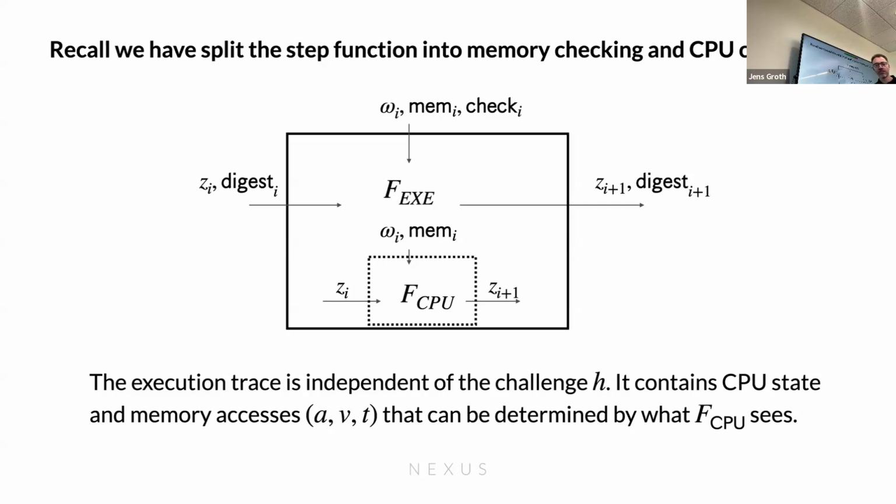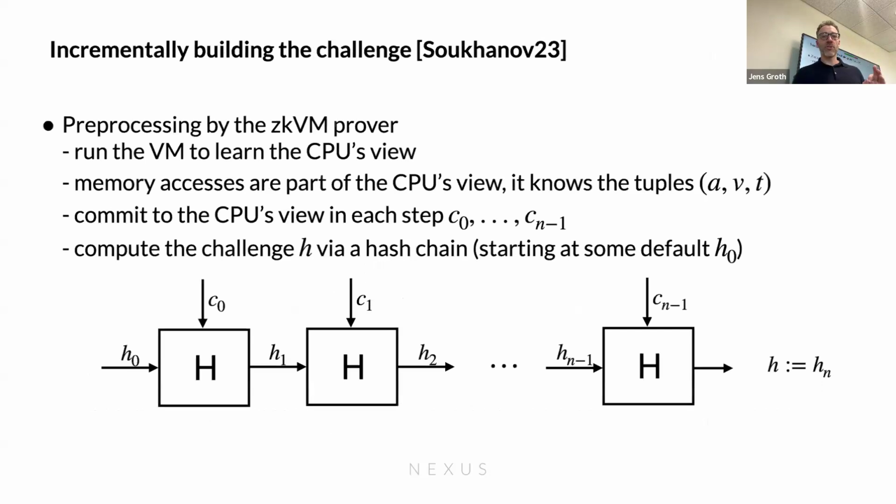So the idea is, let's first do a pre-processing step where we run the zkVM prover to get the full view, the execution trace and what's happening. All the memory accesses will be part of that. At that stage, we know all the memory accesses, and then we commit to them, to all the memory accesses in every step.